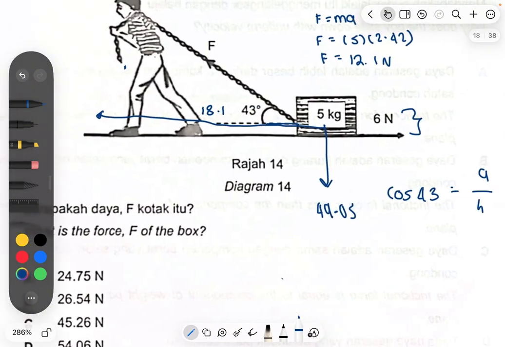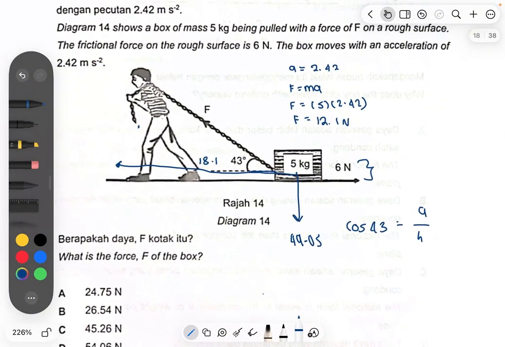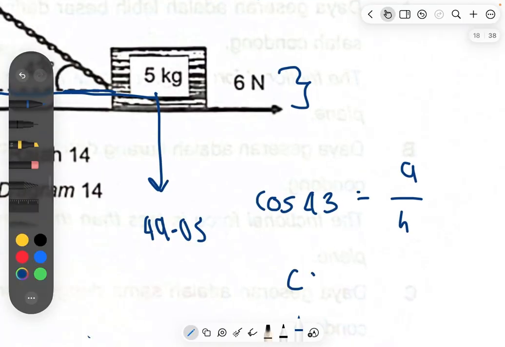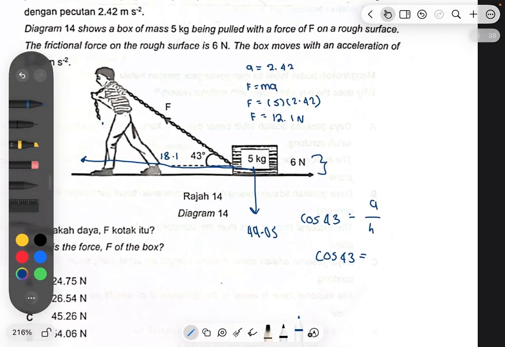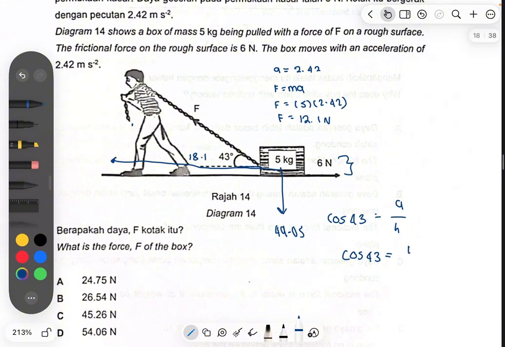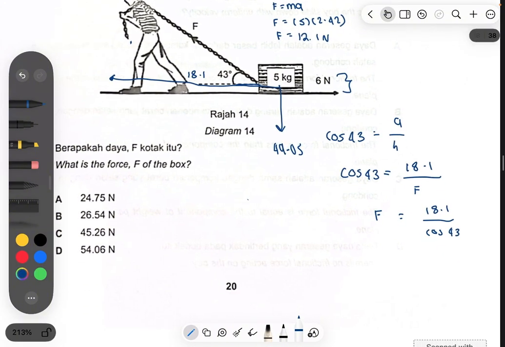I got a similar answer. So this is cos 43. So the 18.1 I got earlier is equal to 18.1 over F. So F would be equal to 18.1 over cos 43.